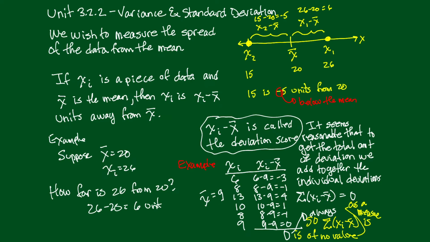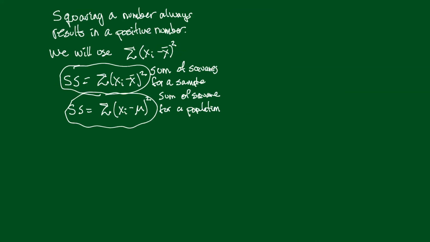So I've got all the individual spreads, xi minus x bar. But if you add those, that always comes to 0. So let's get rid of the negatives. We'll turn them all positive if we square them. So that's what we did over here. We just squared them.